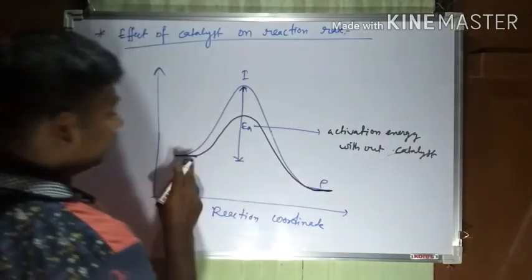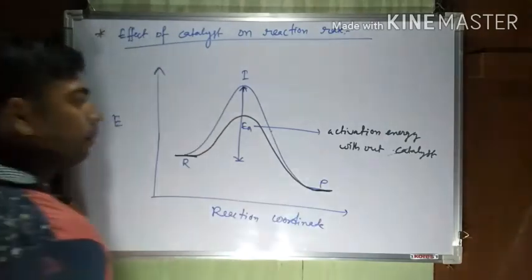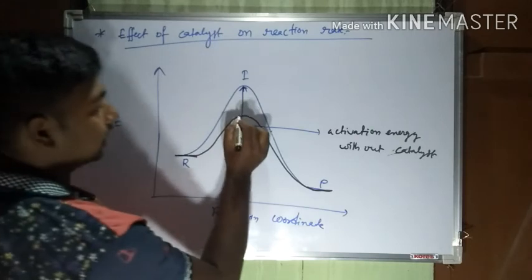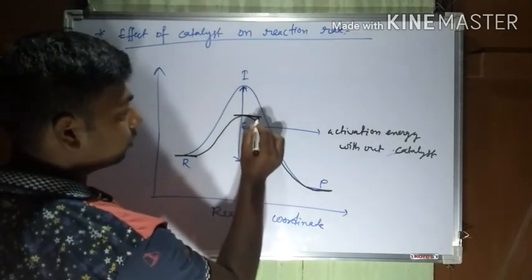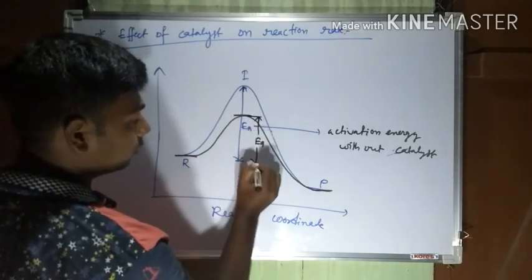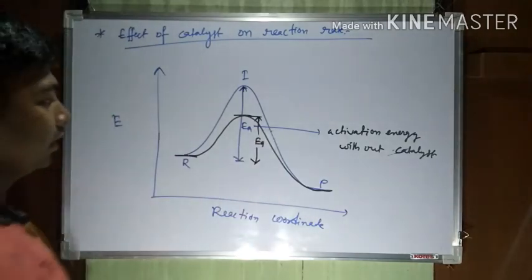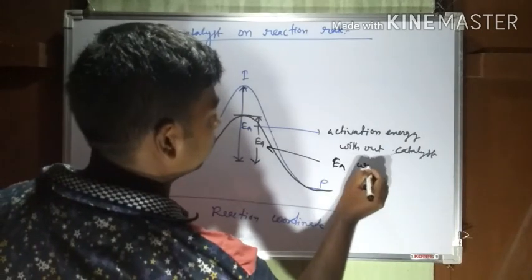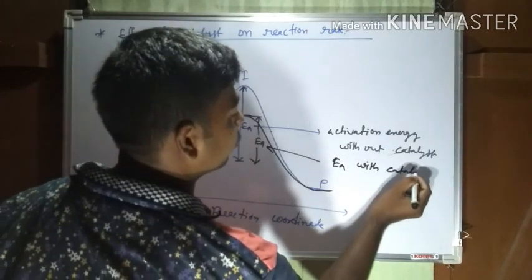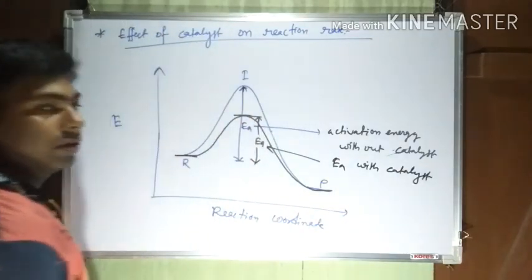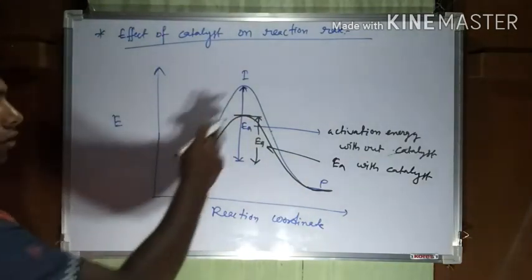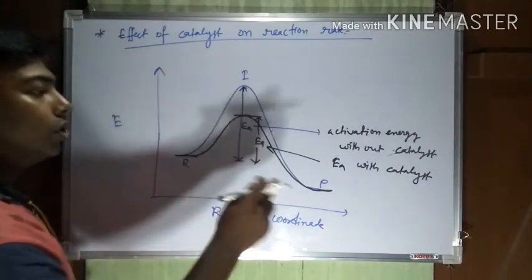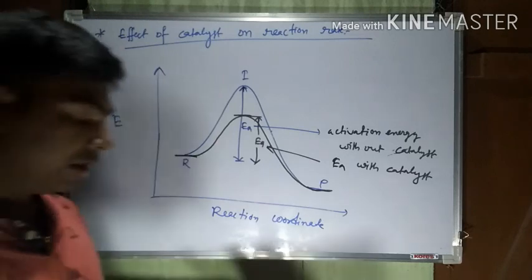Remember, the energy of the reactant as well as the product remains the same, but the energy of the activation complex or intermediate decreases. This one is the new activation energy with catalyst. Here you can clearly see, as we added the catalyst, the activation energy decreases, which increases the reaction rate.